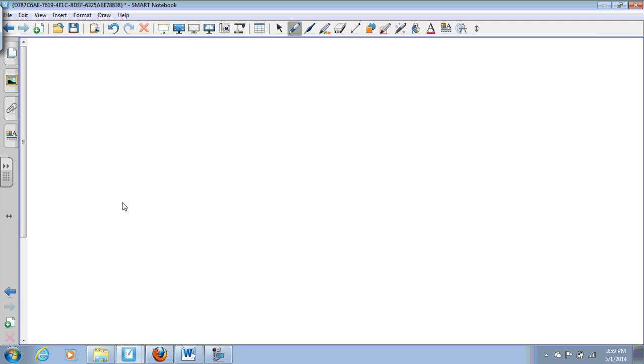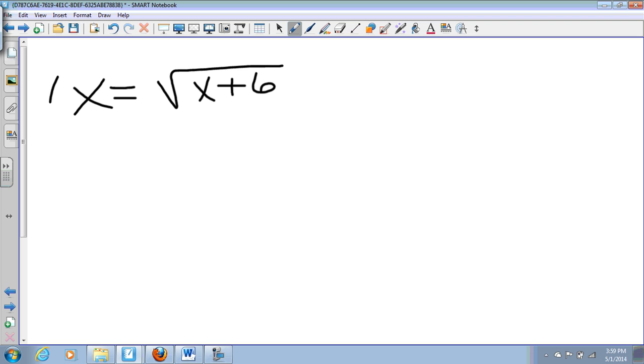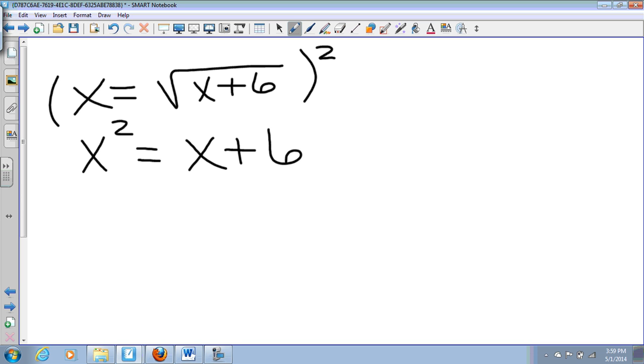So we started with this. x equals the square root of x plus 6. To solve this equation, we're going to need to square both sides. So then we end up with x squared equals x plus 6.